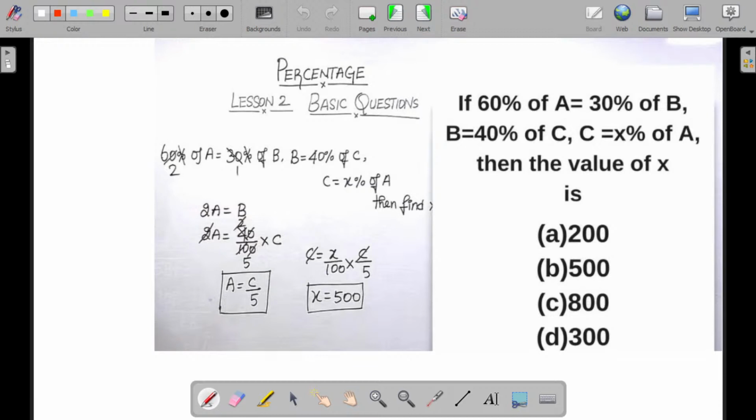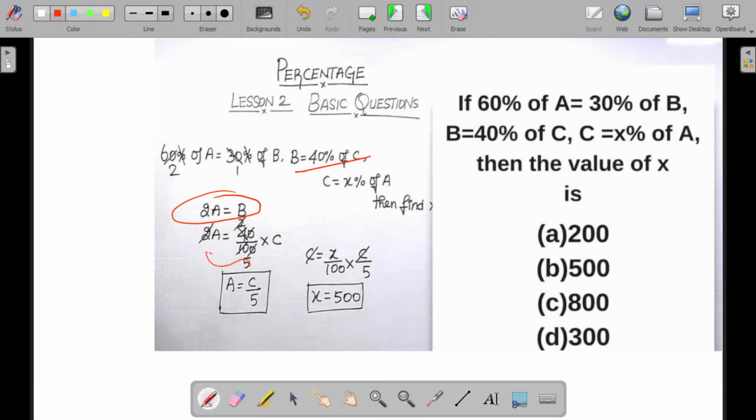So after doing the simplification, here we will get 2A equal to B. Okay, 2A equal to B and so B equal to 40 percentage of C. So B means 2A.